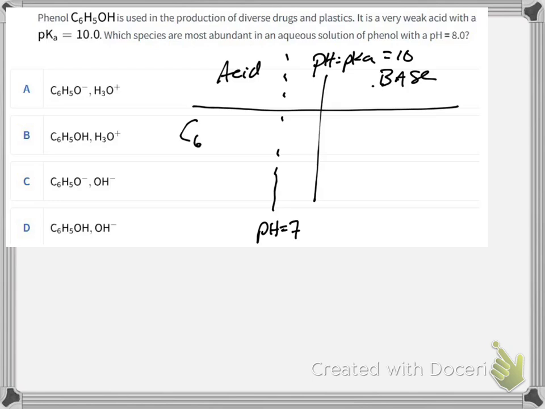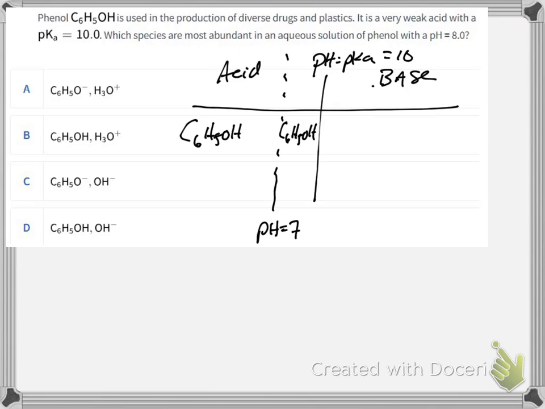Now, for doing that for water, we have to draw a line at pH equals 7. Okay, so all acid forms to the left. The acid form of phenol is C6H5OH. It's an oxygen-containing molecule. Its acid form is neutral.